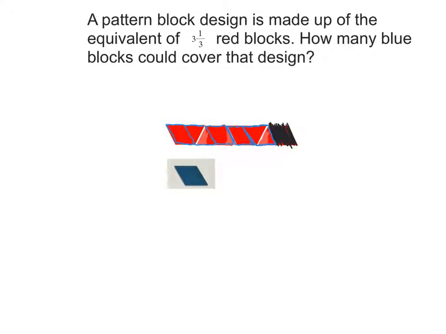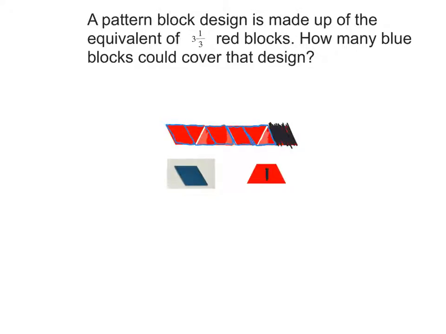Let's see if we could do that mathematically or with an equation instead of with a picture. So we have 3 1/3 red blocks. Each red block, we can think of it as one piece.